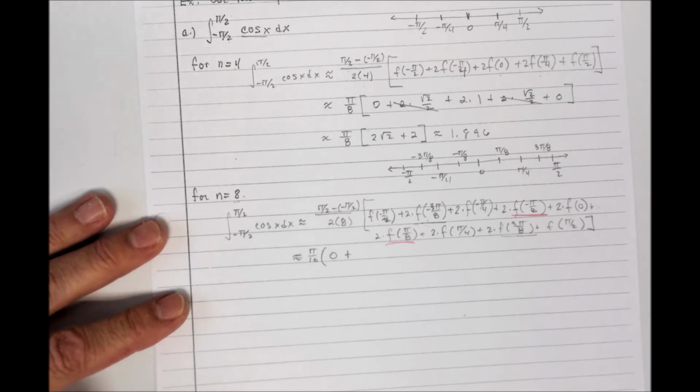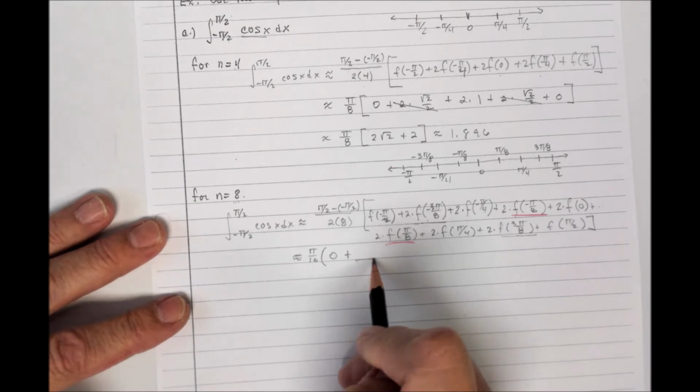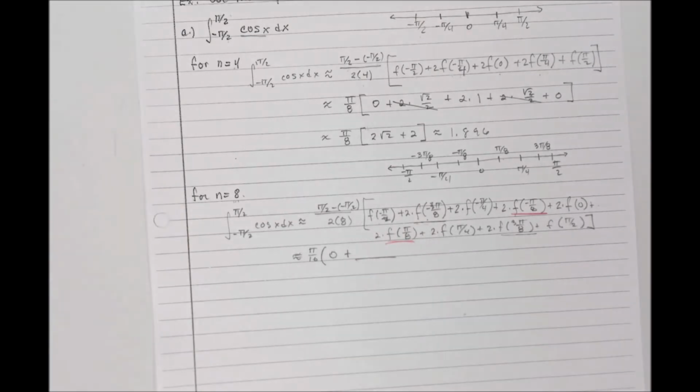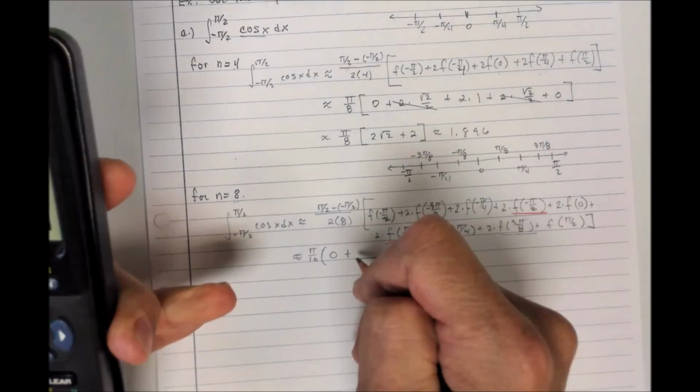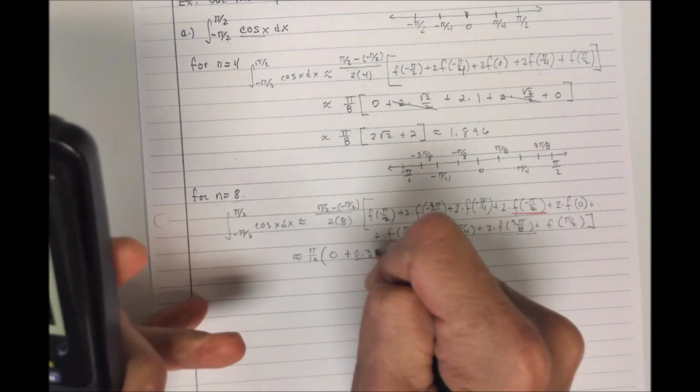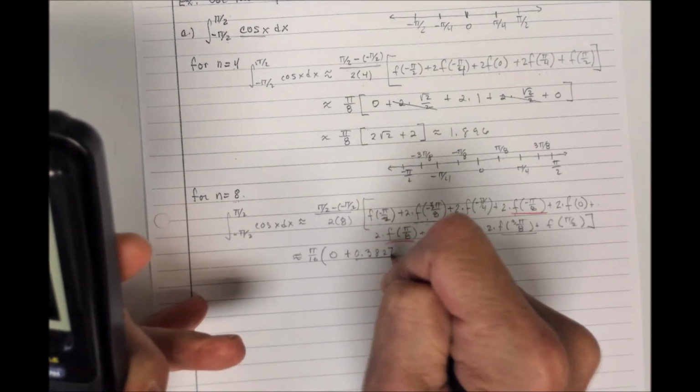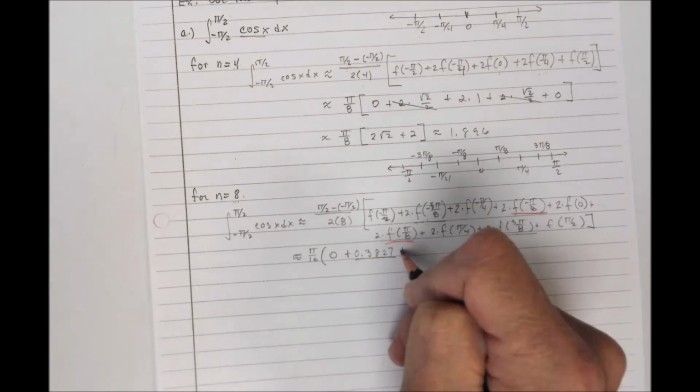So first one up, I'm going to grab my calculator, and I need to take the cosine of negative 3 pi divided by 8, and this turns out to be 0.382, plus this one here, we already did that.